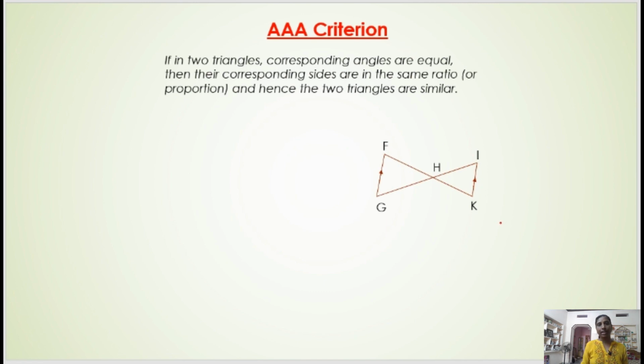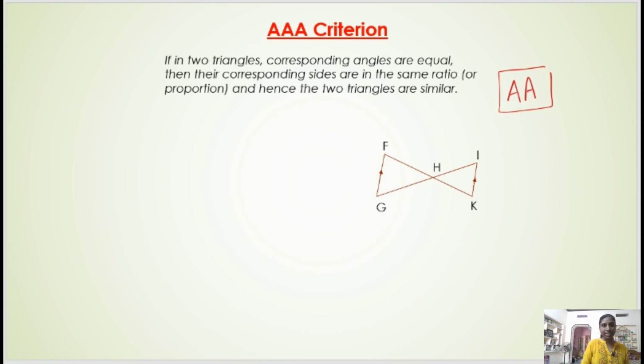But if we prove that only two corresponding angles are equal, then it is enough to show that the given two triangles are similar to each other. Okay, so let us check whether they are similar or not.